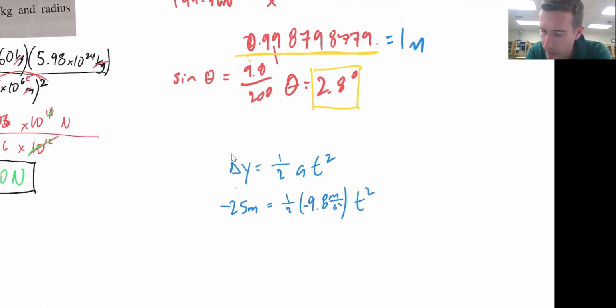T squared, half of 9.8 is 4.9 meters per second squared. 25 divided by 5 should be pretty darn close to 5. Negative, negative. 25 divided by 4.9, 5.1, indeed.